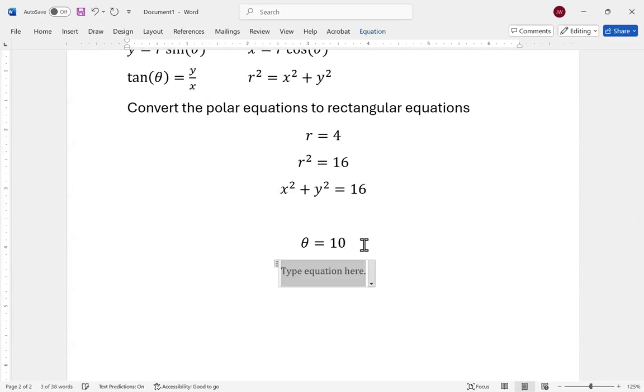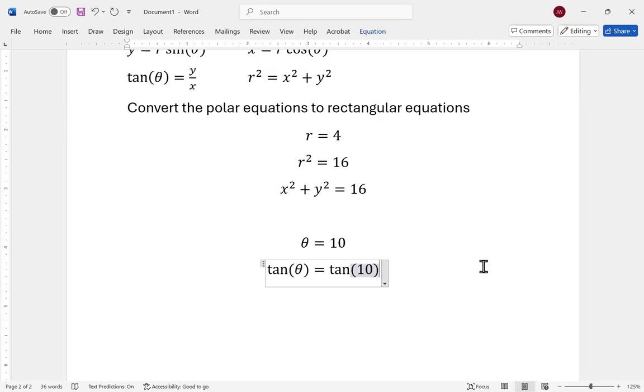In this next equation, I just have theta. So I'm going to apply tangent to both sides. The left-hand side gives tangent of theta, and the right-hand side gives tangent of 10.